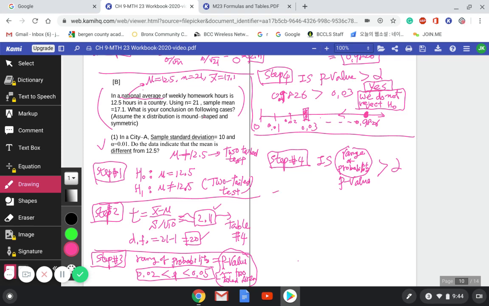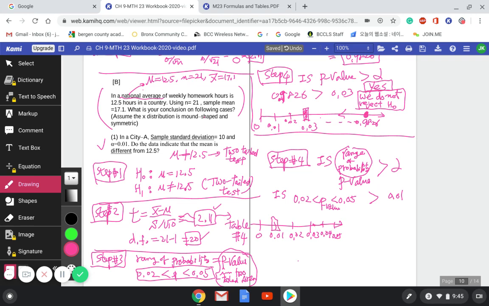So is 0.02 to 0.05 bigger than or equal to alpha, which is 0.01 here. So if I make a number line, here is 0.01, here is 0.02, 0.03, 0.04, 0.05.